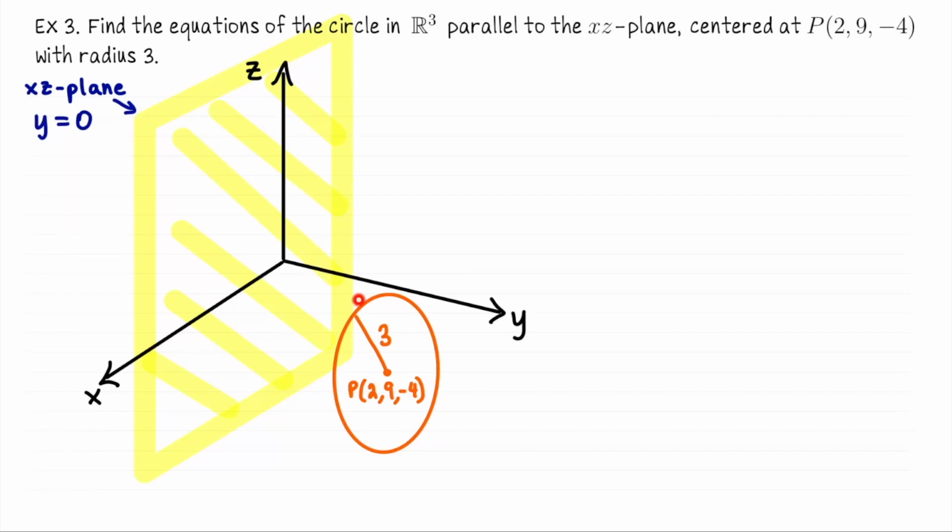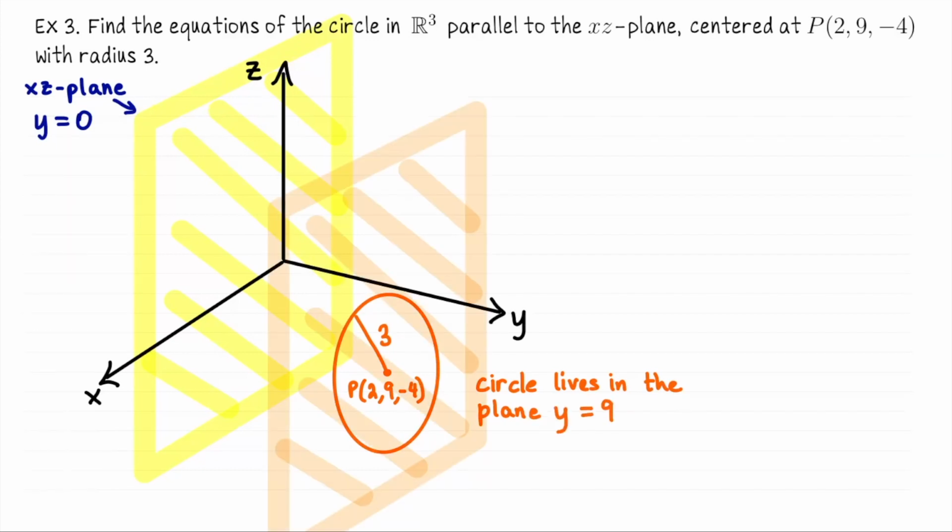Every point in this plane has a y-coordinate of 0. This circle being parallel to that plane means it's happening in the plane y equals 9. So I can imagine this circle as embedded in the plane y equals 9. Okay, so that's a description for the y-coordinate of every point on this circle. The y-coordinate has to be 9.